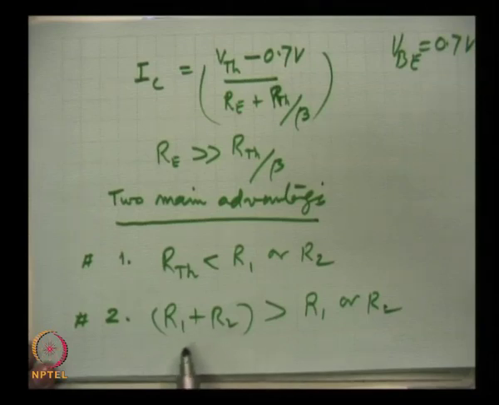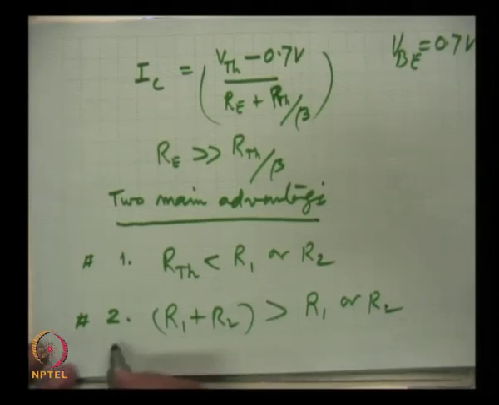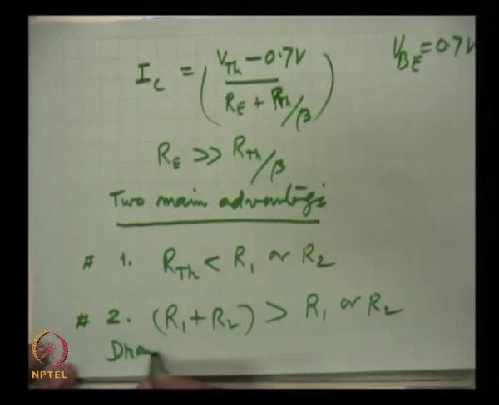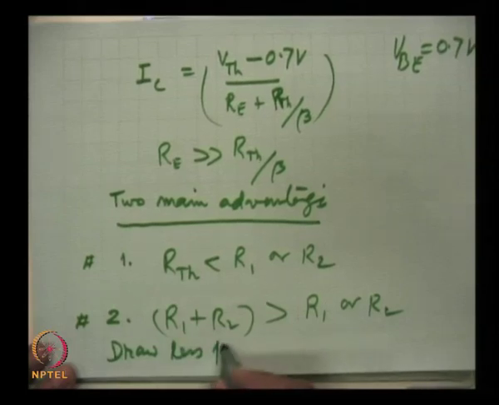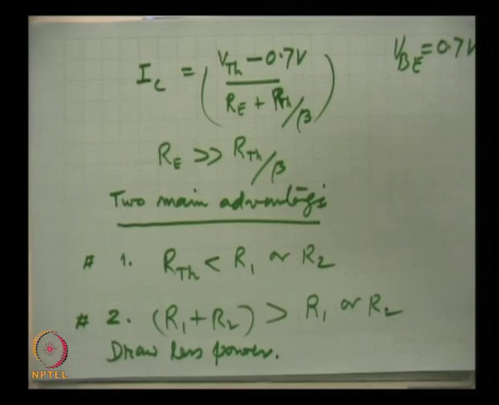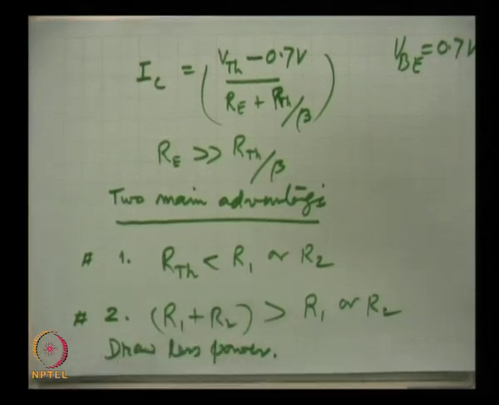That means it will draw less power. So, the battery life, which is important when our circuit is powered by a battery, will be higher in this case. So, these are the two main advantages for the circuit.